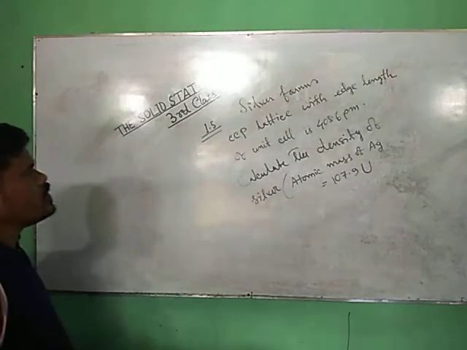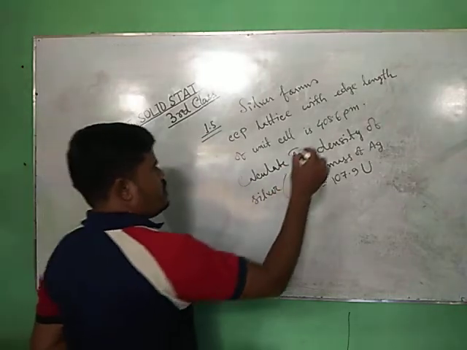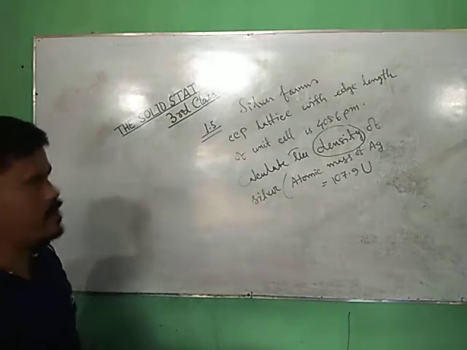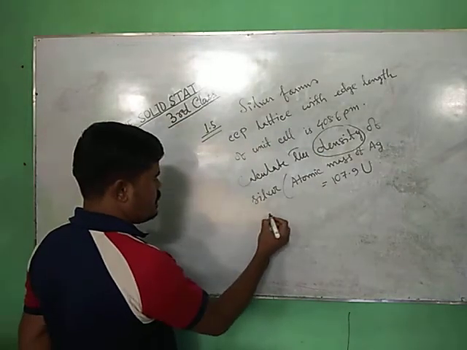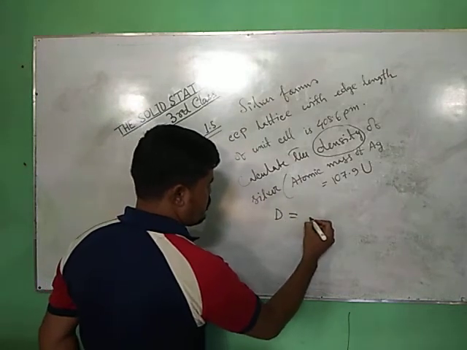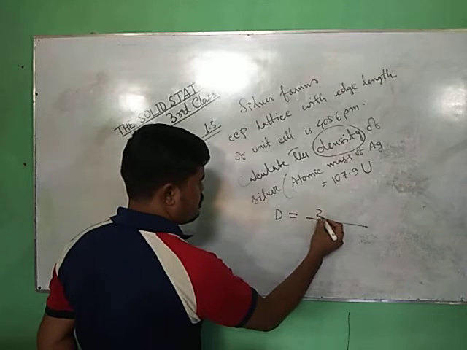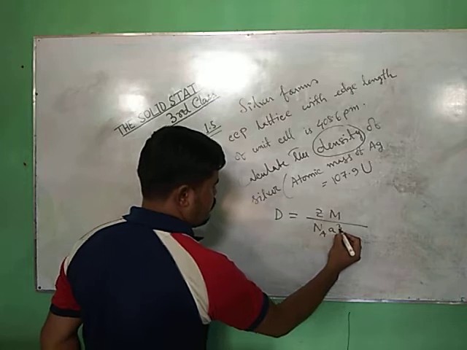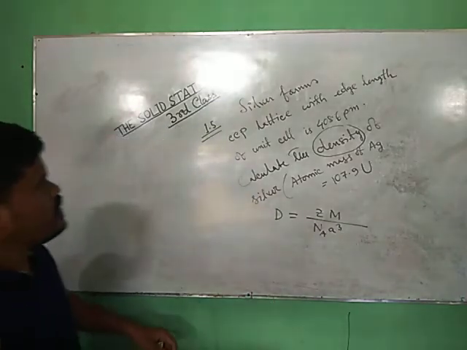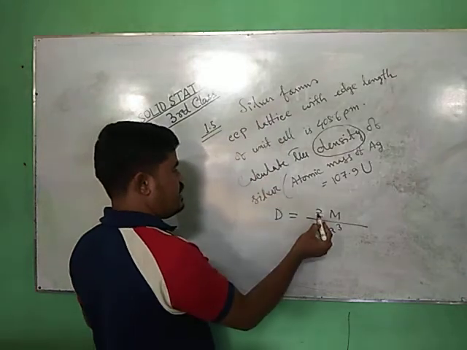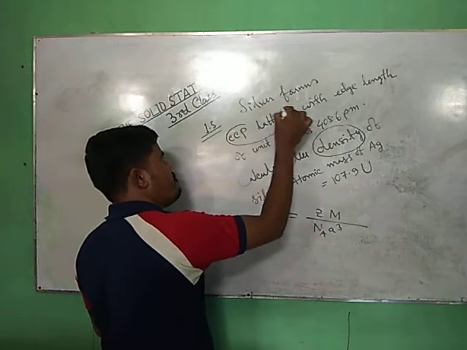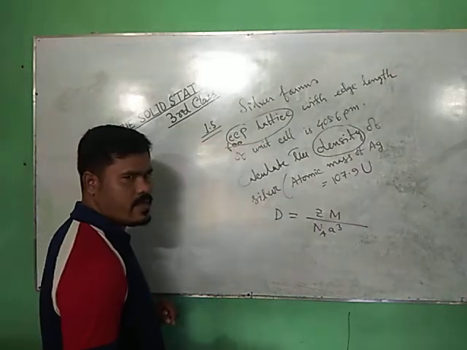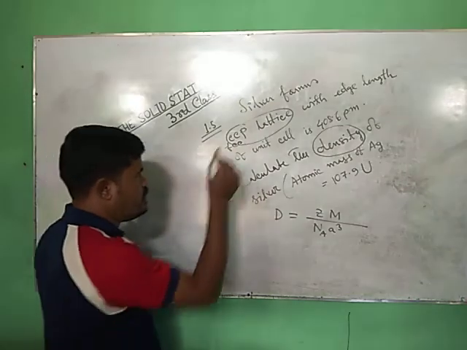So we are going to calculate the density of the silver solid. To calculate density, we have to know the formula for the density of a crystalline solid: D is equal to ZM divided by Na cubed. Z is given by the lattice name, CCP lattice, that is FCC, similar to HCP.